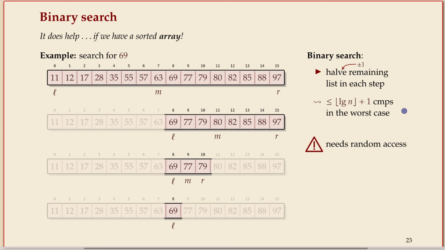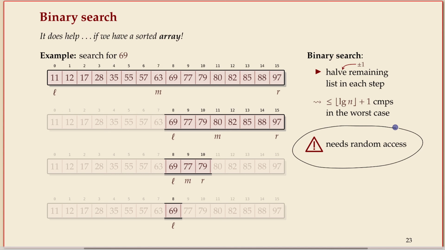That's roughly log n. And if you count precisely, you see that log n rounded down plus 1 is the worst case number of comparisons you need. If you're lucky, it's 1 less. It's not much of a difference. The crucial thing here was we needed random access. All of binary search relies on the fact that we can jump in the middle and get the middle key, right?